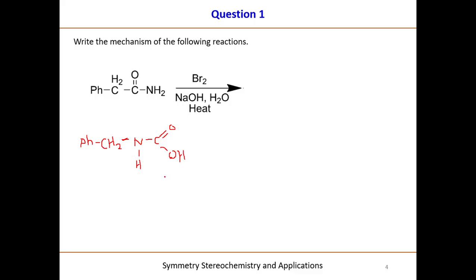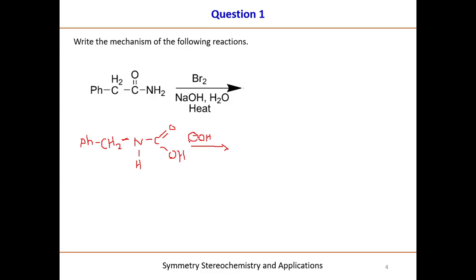Now this carbamic acid will release the CO2. So how will it react? So OH minus will attack here. Again deprotonation will take place. This is OH minus.